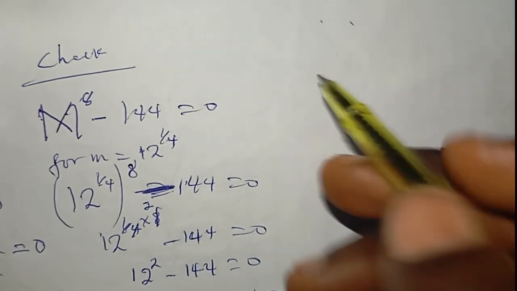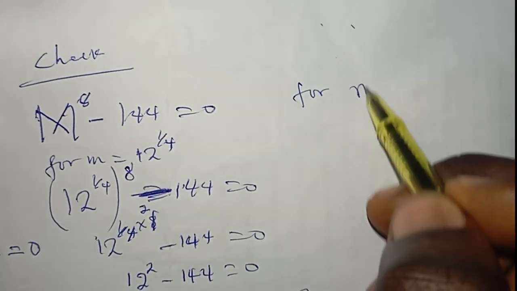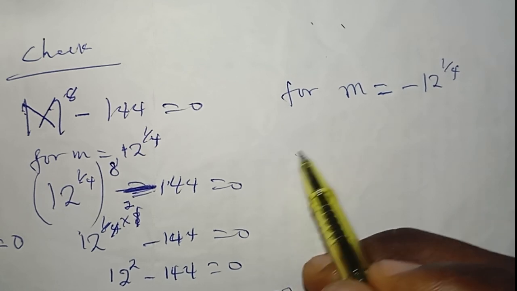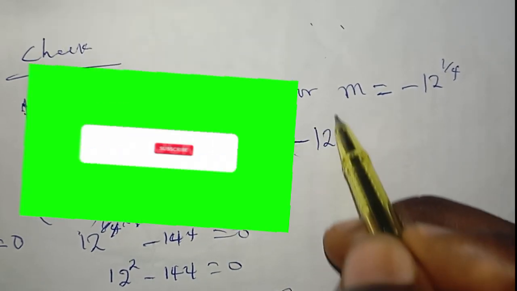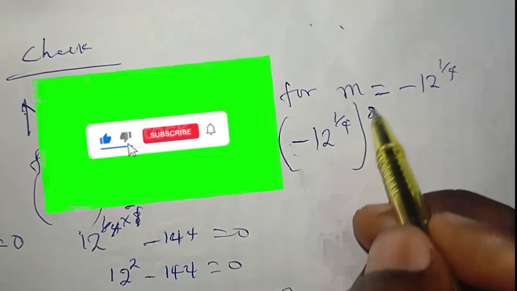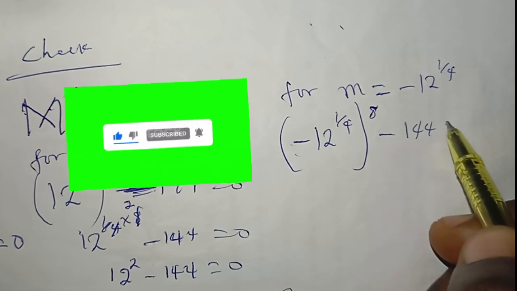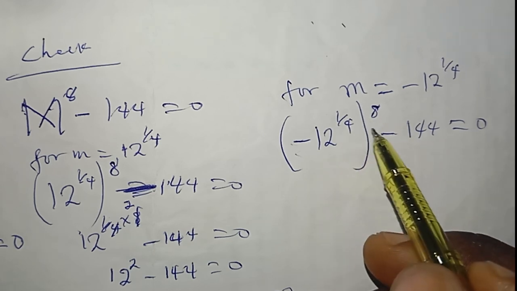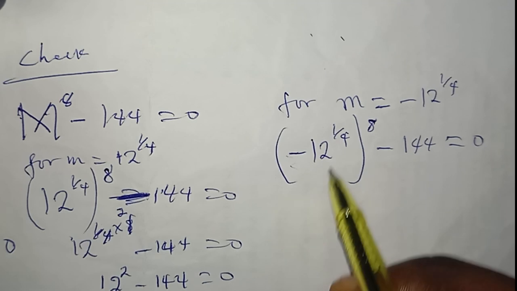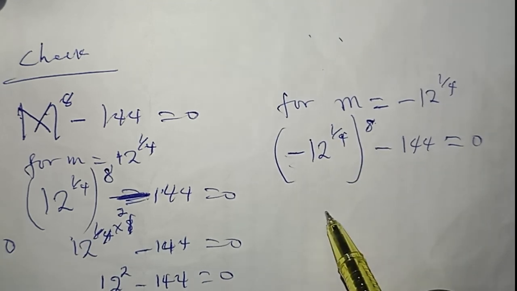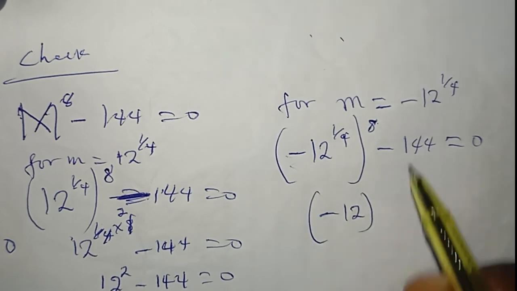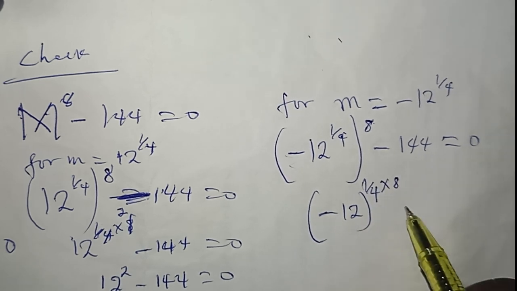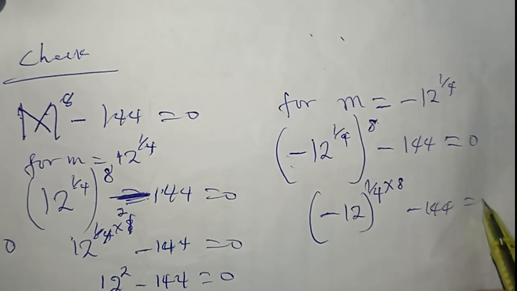Next we check for m equal to negative 12 power 1 over 4. Then what we now have is negative 12 power 1 over 4, and then power 8 minus 144 is equal to 0. Using the same rule, I am also going to use this to divide this, so that this is minus 12 power 1 over 4 multiplied by 8, and then minus 144 is equal to 0.